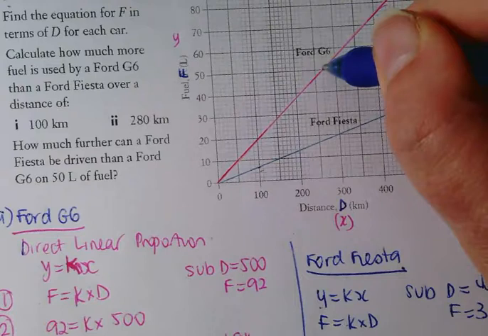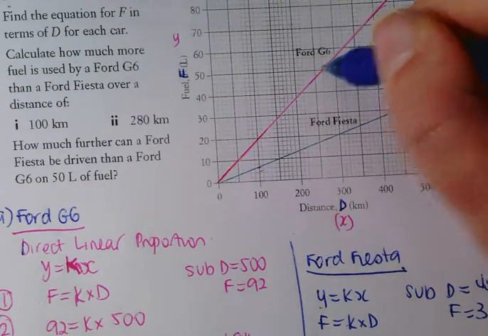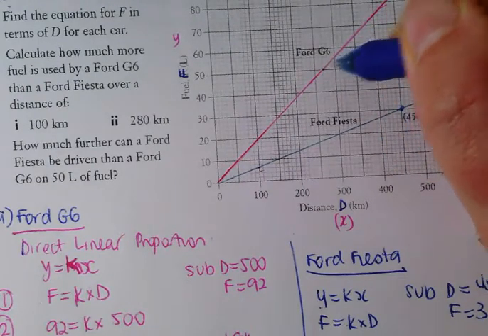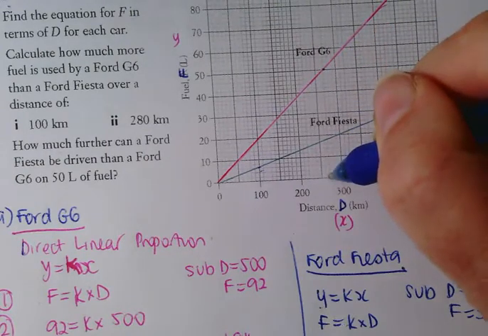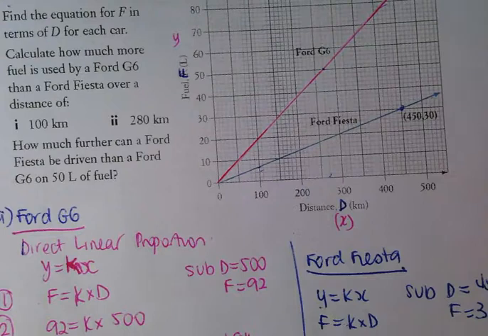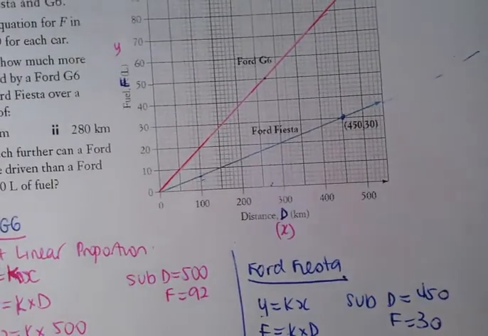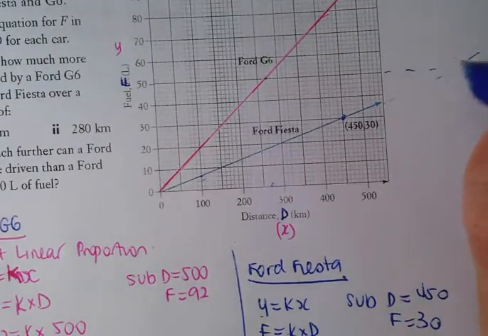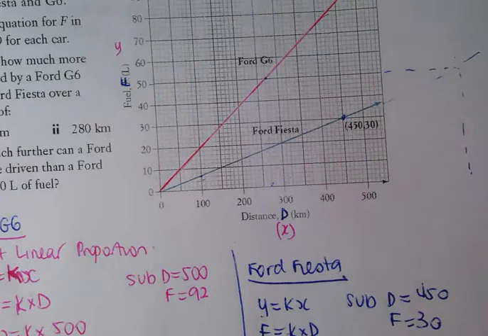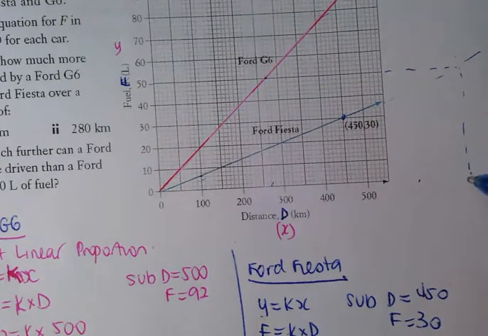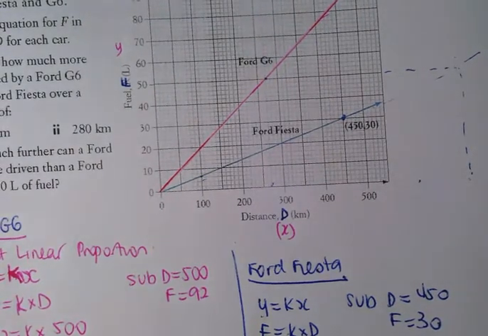So 50 litres for this car, you can drive about 270 kilometres. You actually can't read this one. 50 litres of fuel is over somewhere here. You can't do this from the graph because it could be something close to 700 kilometres. So we're going to have to use the formulas.